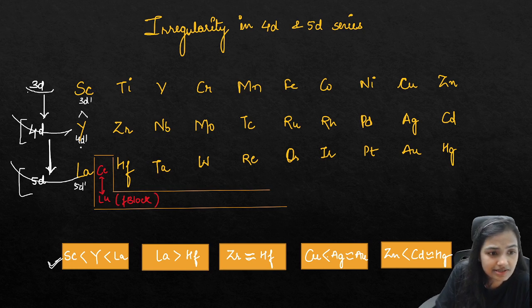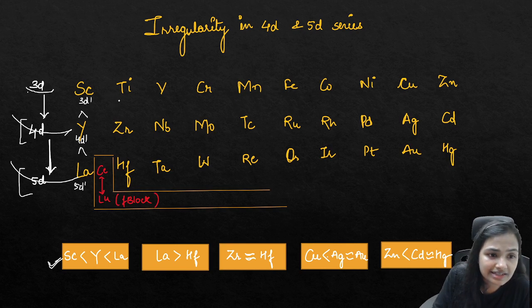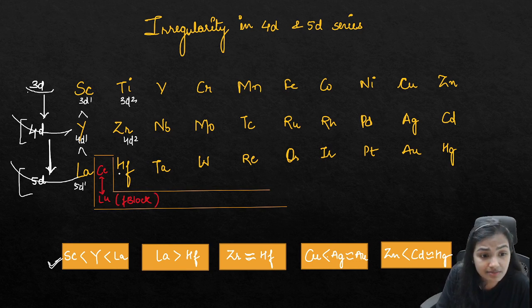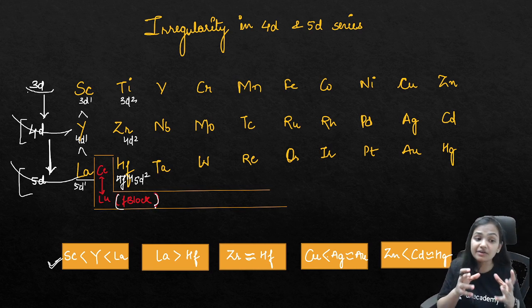Now, as soon as you move to titanium, this becomes 3d2, this becomes 4d2, and this becomes 4f14 5d2. So between La and Hf, there comes the F block element. And if something is coming in between, definitely they are going to do something.